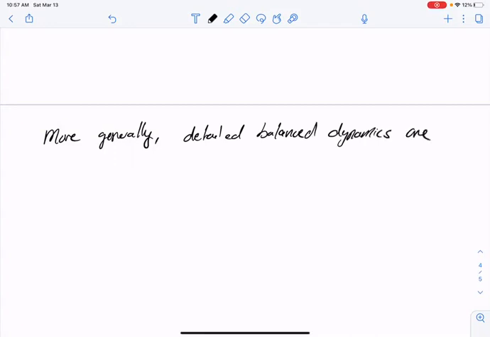Detailed balance dynamics are a sufficient condition to preserve an equilibrium state.